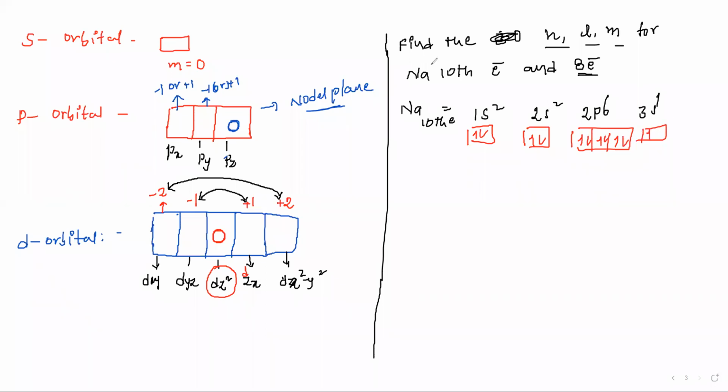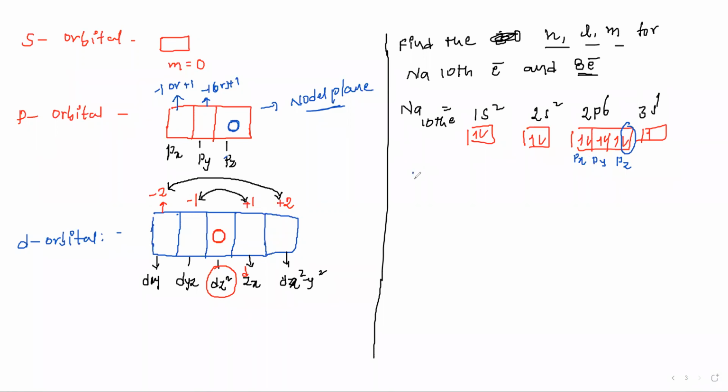So the 10th electron will be in which orbital? Here 2 plus 2, 4, 5, 6, 7, 8, 9, 10. Actually, it contains the 10th electron in this one only, right? So this one we are assuming px, py, pz. Okay? So that electron is present in pz.